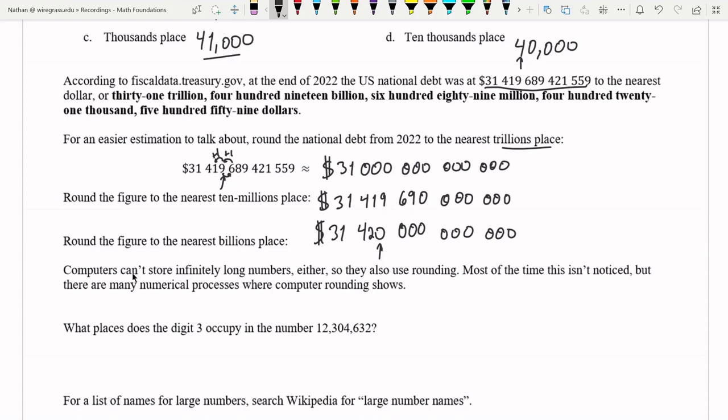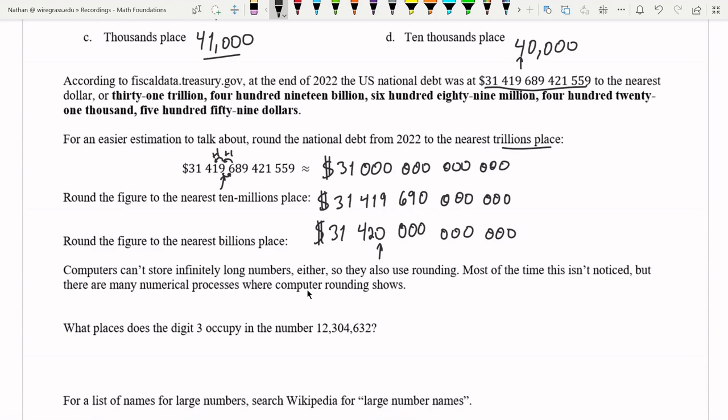Okay, so computers can't actually store infinitely long numbers either. They also use rounding. But they tend to round extremely far down in the decimals, that you tend to not be able to notice where a computer is rounding.